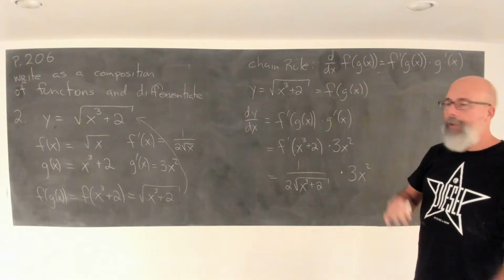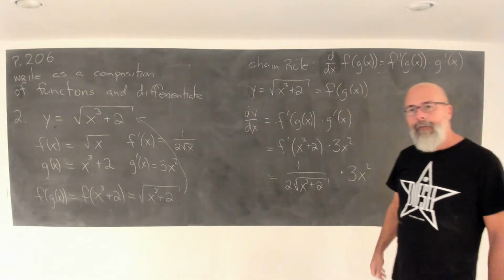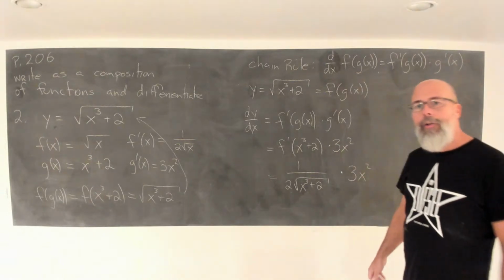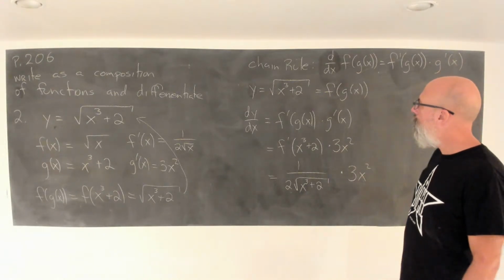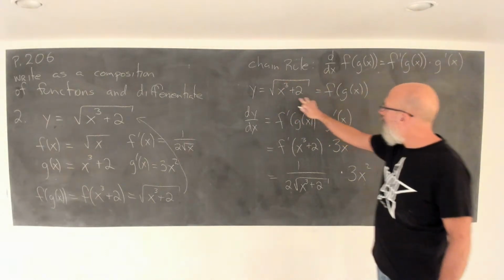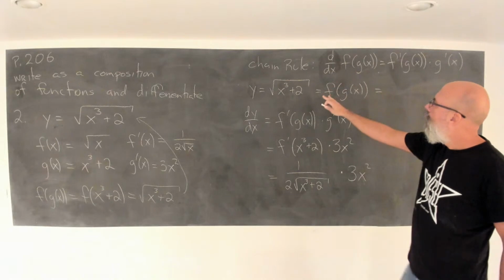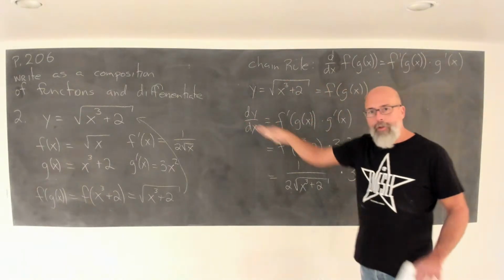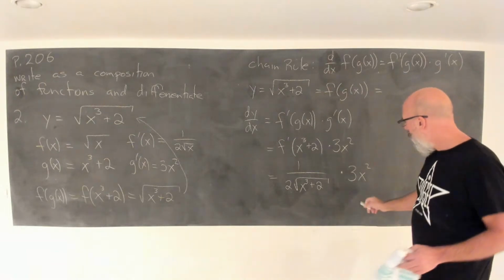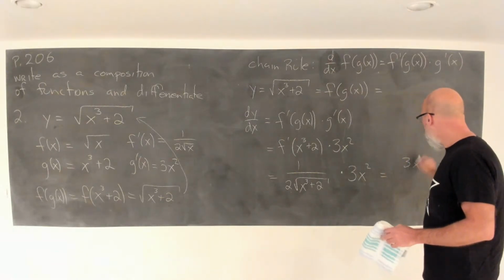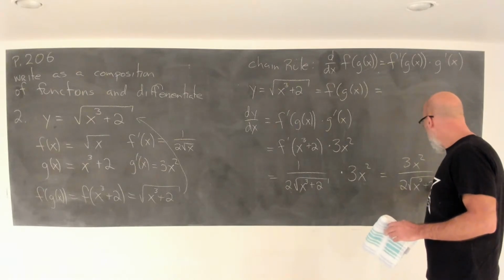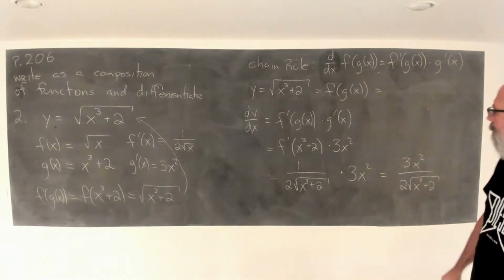Let's do a few more of these, decomposing. Eddie is pointing out a nice property, and that's fine. Here we're doing it the long way, we're decomposing. Absolutely, it's fine to rewrite this as 3x squared over 2 root. In fact, you should.